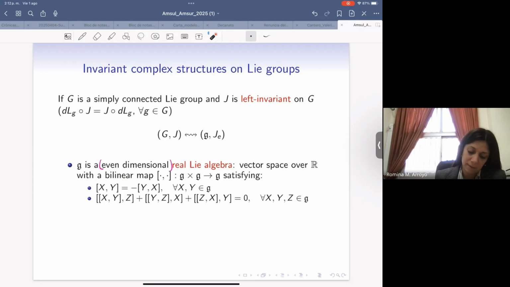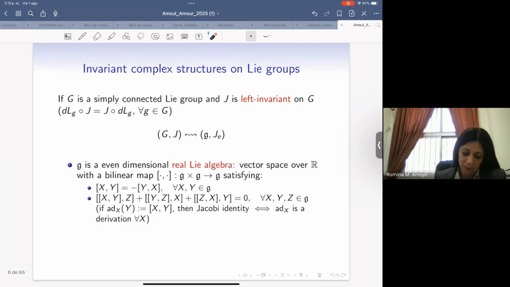The first one is that the bracket is skew-symmetric, and the second one is a condition called the Jacobi identity. Okay, to have this Jacobi identity is the same as to ask that these maps, the adjoint maps, are derivations.